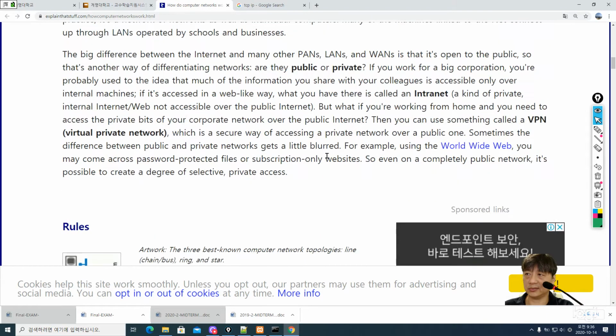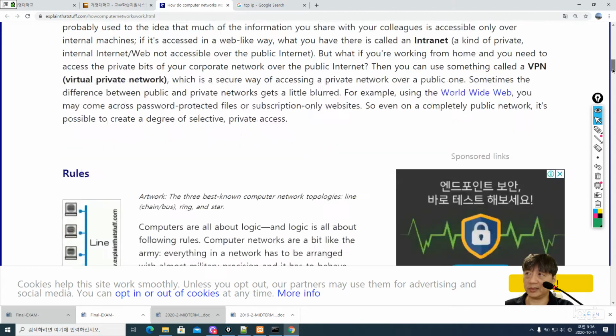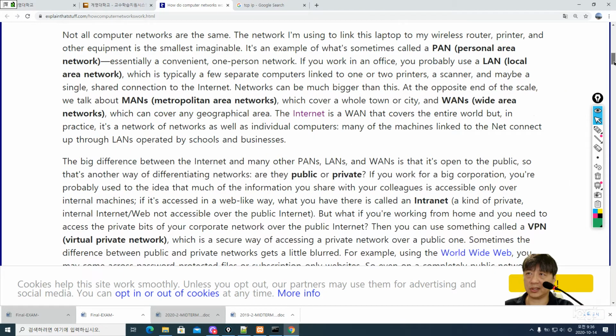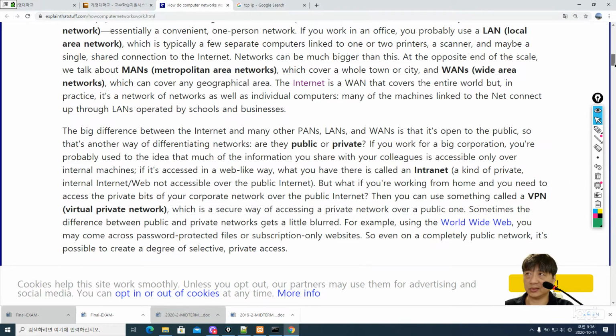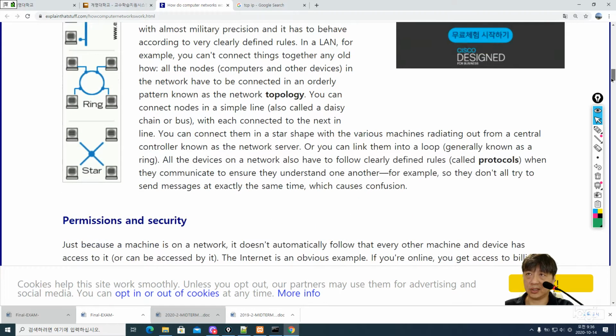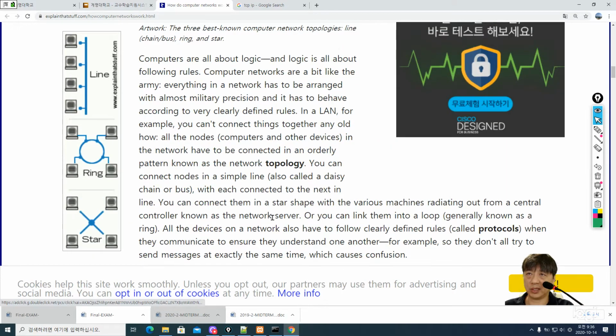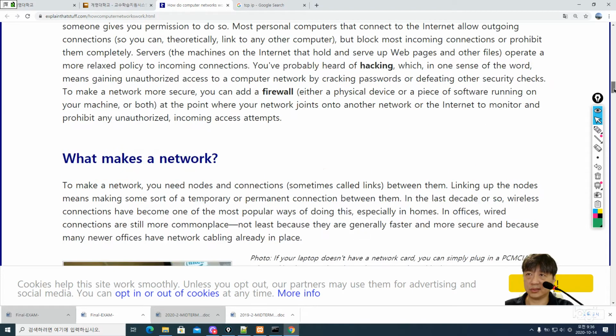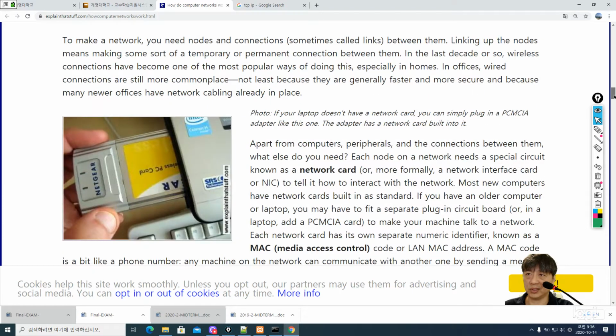Okay, so you should know at least the different types of networks based on the size, and sometimes the coverage, the characteristics of coverage. You should know based on the topology, which means that configuration. That's stuff you should know.